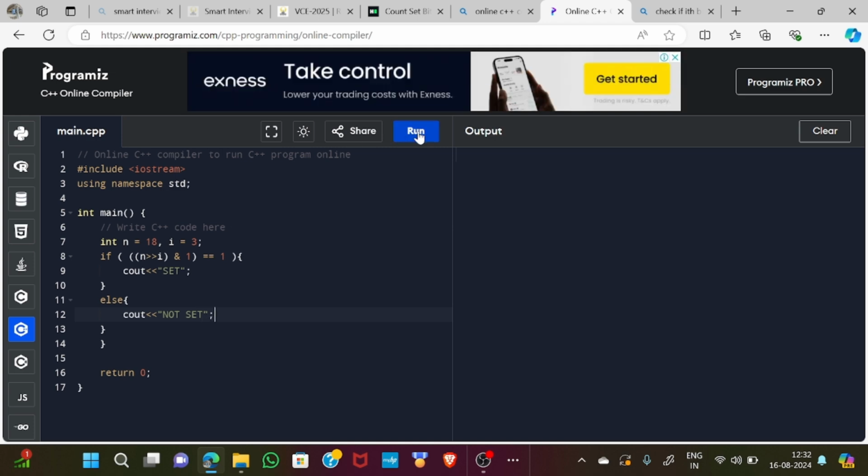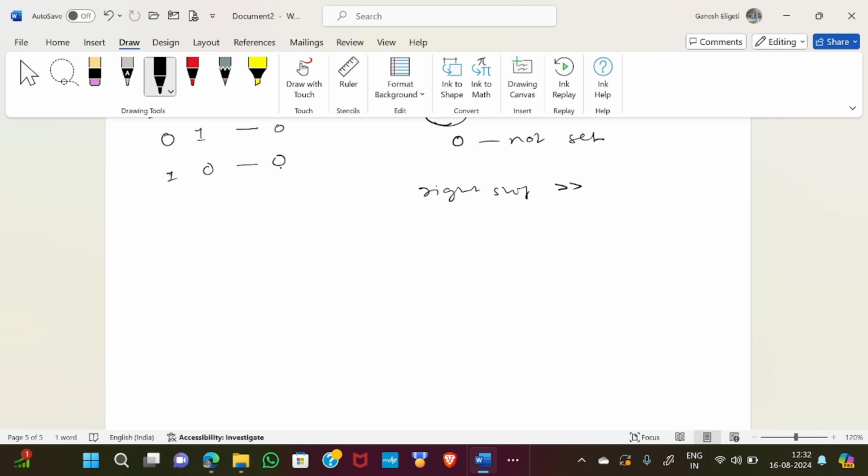Now let's run this and see. What will be the answer for 18 and 3, right? Let's see it again. So 18 is N and 3 is I. This is 1, 2, 4, 8 and 16.